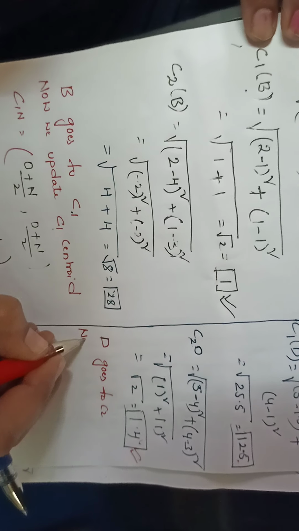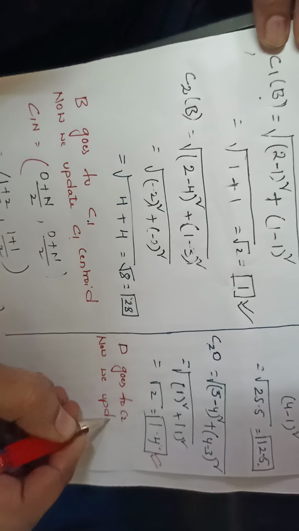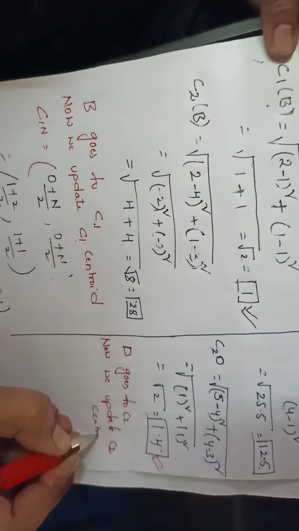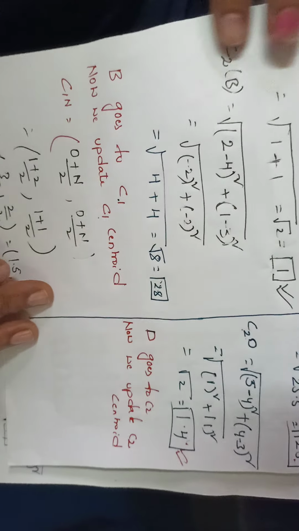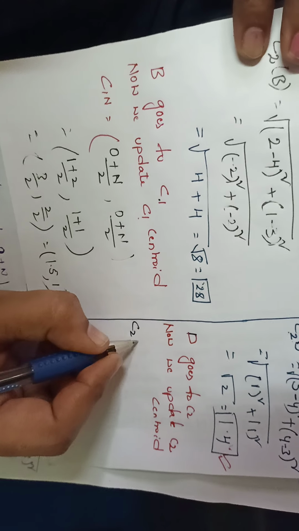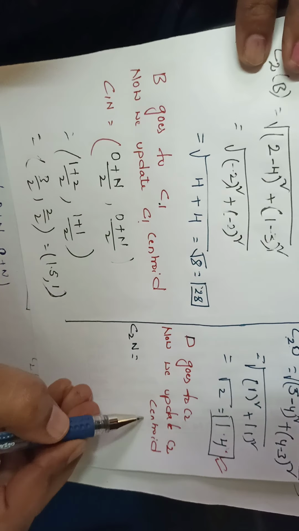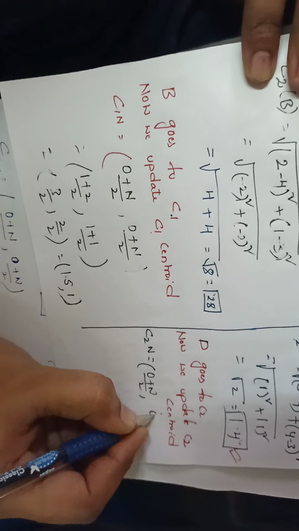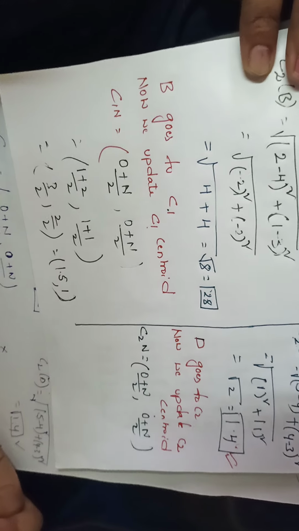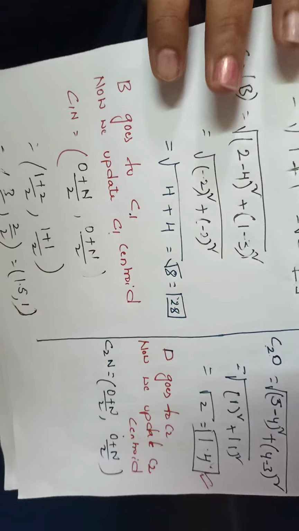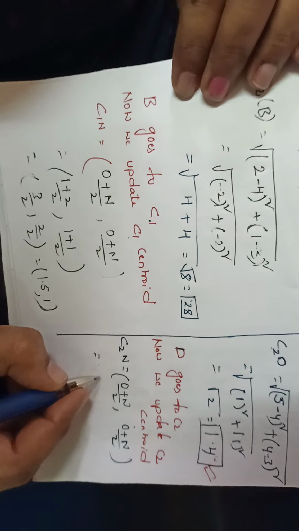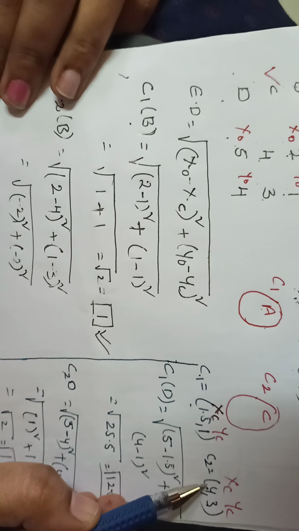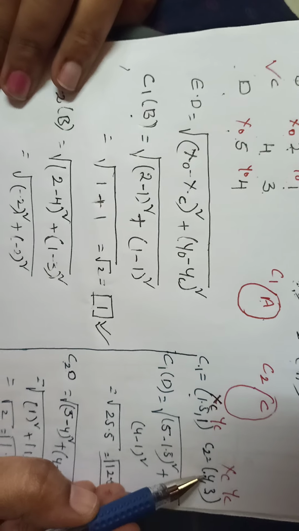So now we update the C2 centroid values. How to update the centroid values? Old plus new by 2 comma old plus new by 2. Old means here 4, new means 5.